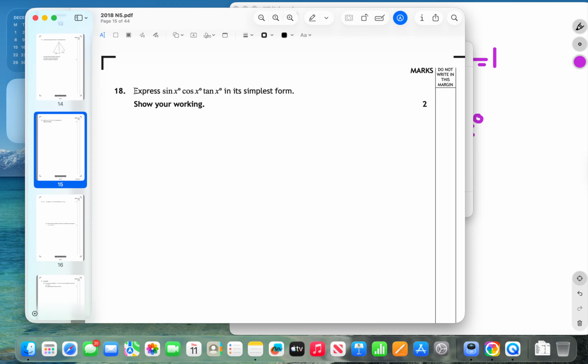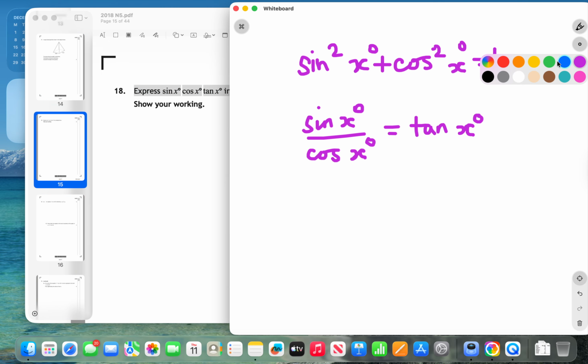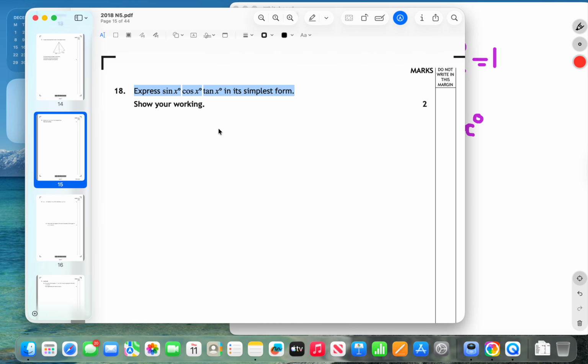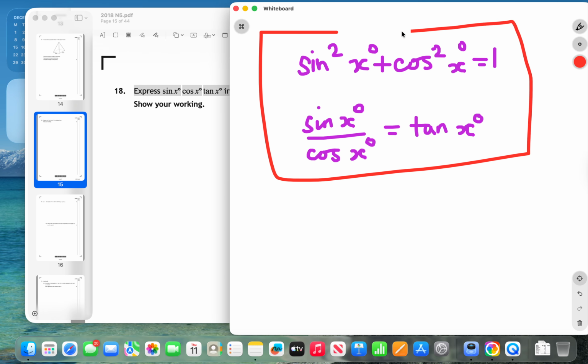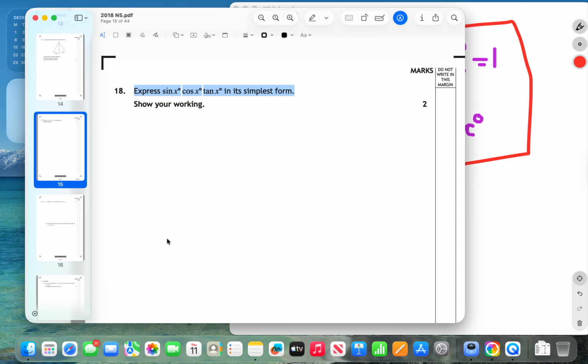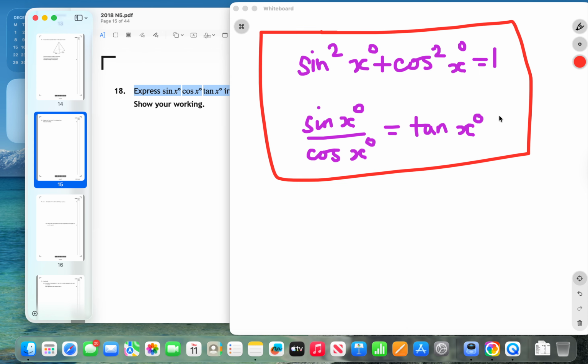So it says, express sin x cos x tan x in its simplest form. So we know that we have two identities, these ones. And if you're asked to simplify a trig identity, then chances are one of these two comes in useful.